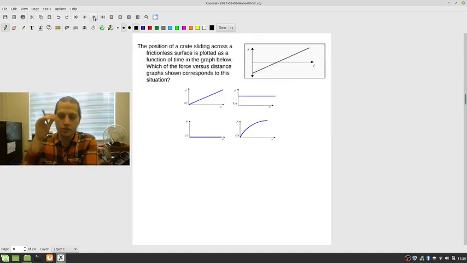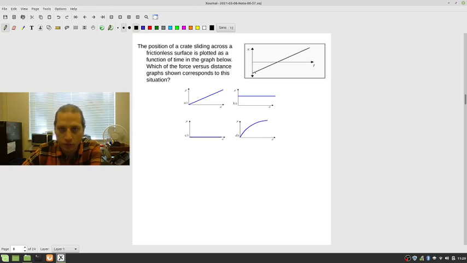Okay, so let's do a quick example of each one of these types of Newton's laws. Here we have a position of a crate sliding across a frictionless surface, and we plot that as a function of time in this graph. Okay, what is this drawing telling us? It tells us that our object is moving forward at a steady rate.